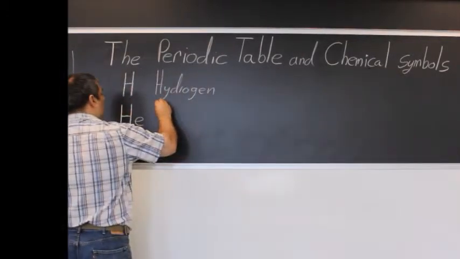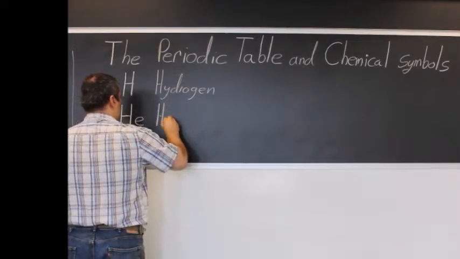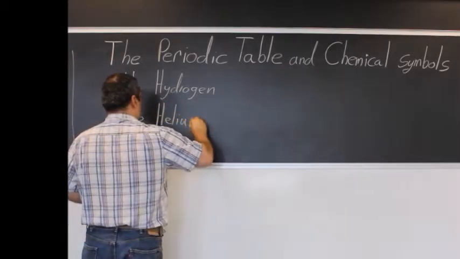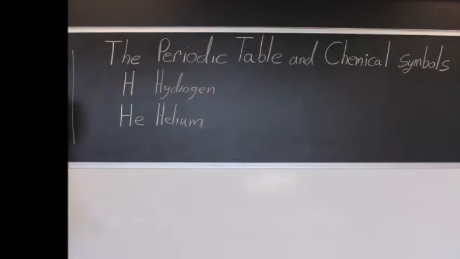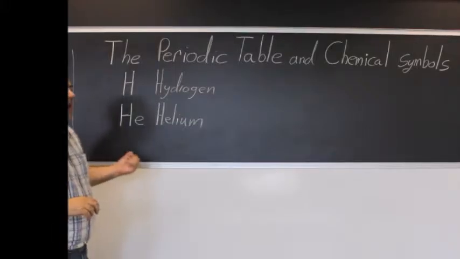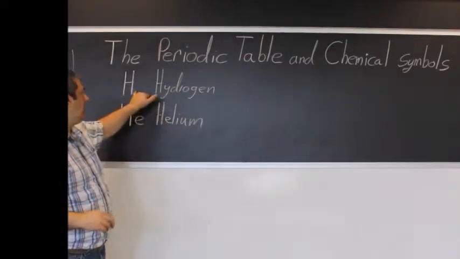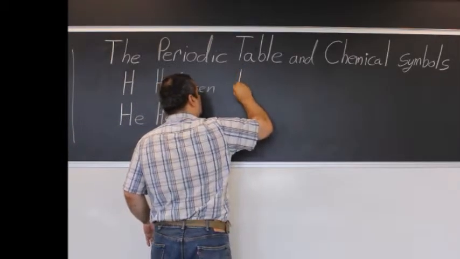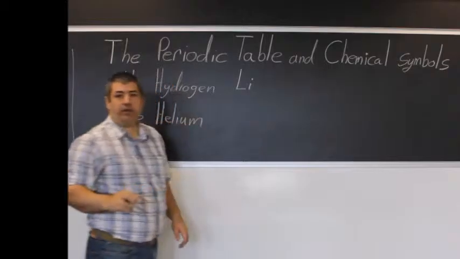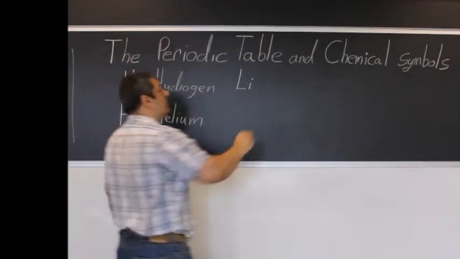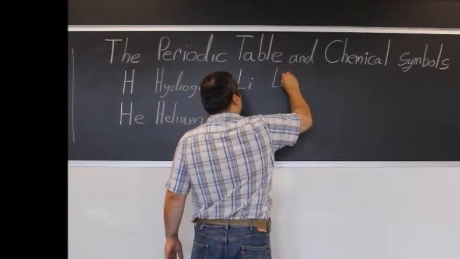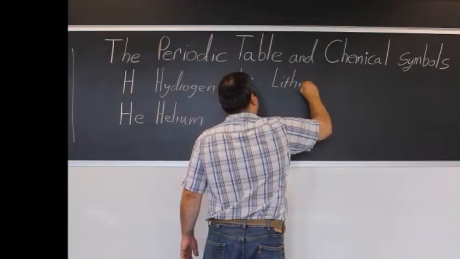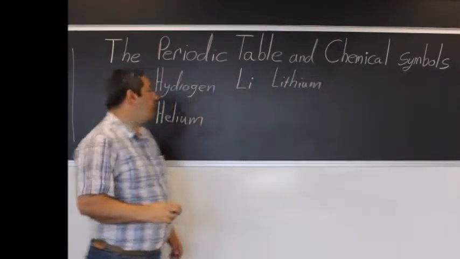So helium is He. Now, H, hydrogen, He, helium. Li is lithium. Looks pretty good so far.